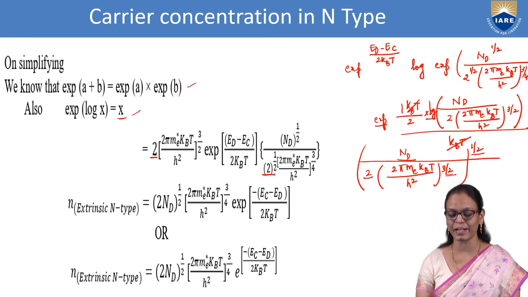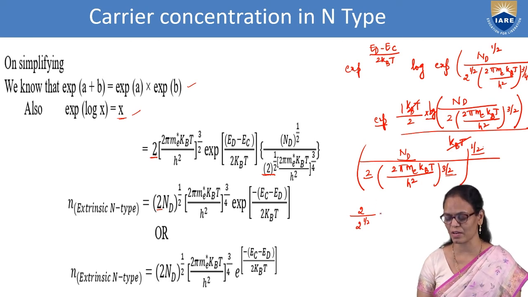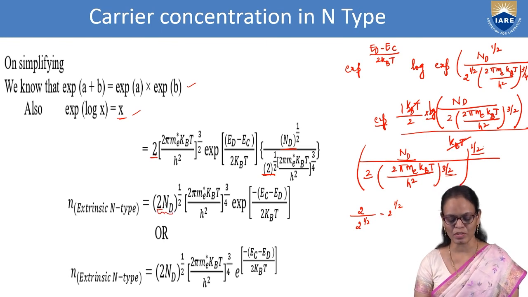So we have 2 by 2 power half; if this goes to the numerator, 1 minus half is half, so it will give us 2 power half. And then here we have Nd power half. Whatever is having power half, we are writing them together, so we get 2 Nd power half.